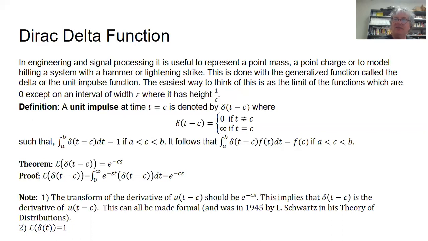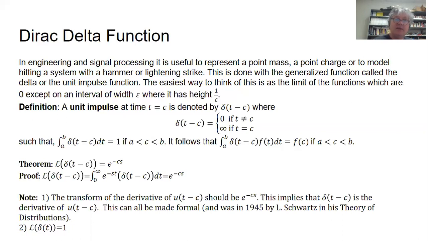But applied mathematicians and physicists used this for years and years and years. And then along came a mathematician called Schwartz. In 1945, he wrote this famous book, The Theory of Distributions, where he did proofs of everything and showed that this can all be made to make sense.